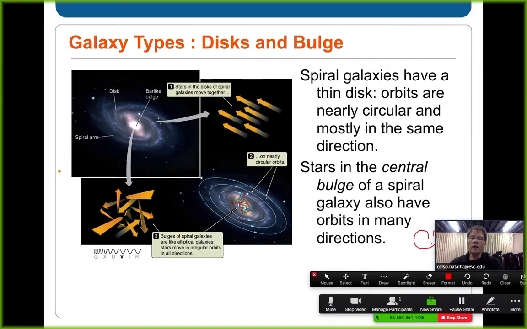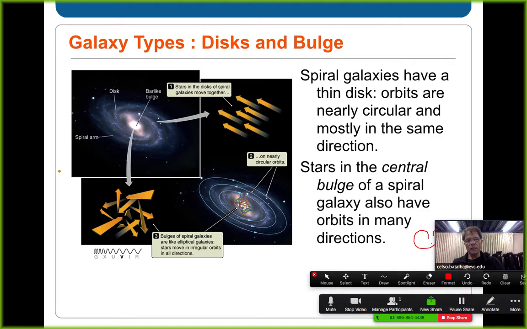The stars in them are in all possible directions, and that's what these different arrows attempt to indicate. Now, if you look at the stars that are part of spiral galaxies in the spiral arms, they all seem to be moving in the same direction, which is indicated by the yellow arrow on the right-hand side of the figure. All of them are moving in a given direction, except the stars that belong to the bulge, the central part.